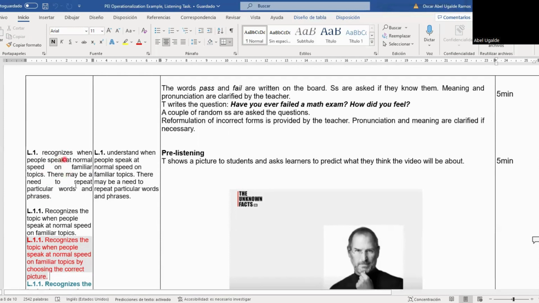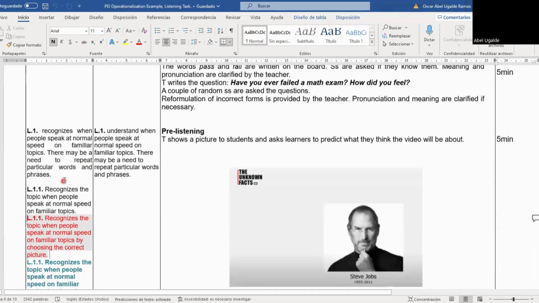So they tend to be more specific. Sometimes they are not that specific. But for example, understand is more complex than recognize, because you can recognize something but not understand it. So L1 in this case is not that specific. L1 goes as: recognizes when people speak at normal speed on familiar topics. There may be a need to repeat particular words and phrases.